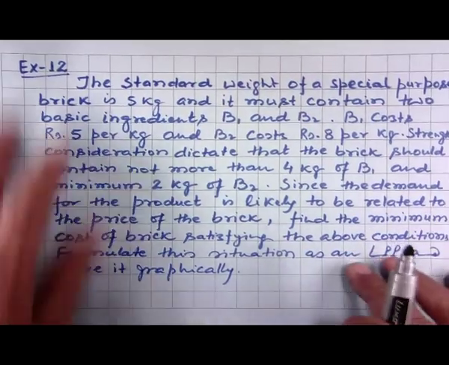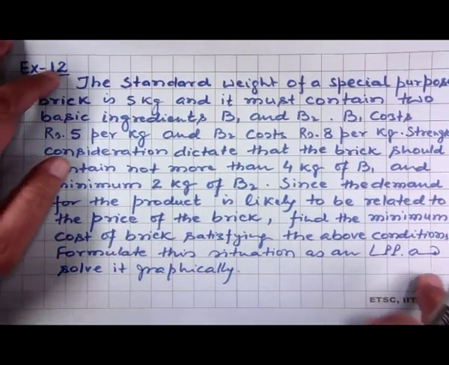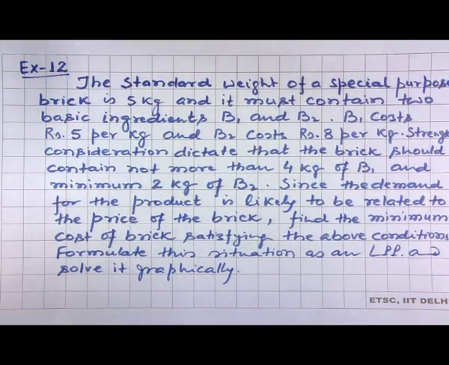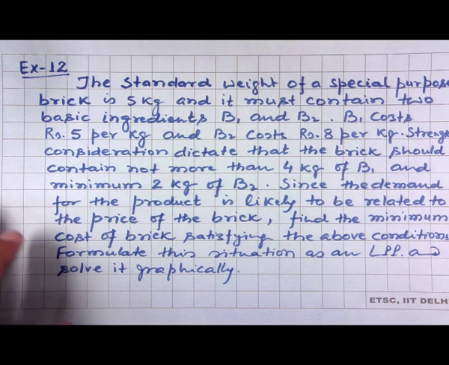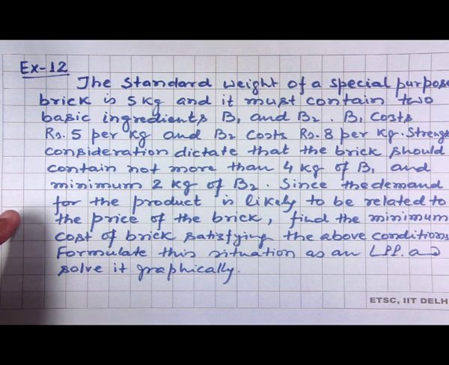Now let us take another problem. This problem is related to construction activities. The standard weight of a special purpose brick is 5 kg and it must contain two basic ingredients B1 and B2. B1 costs rupees 5 per kg and B2 costs rupees 8 per kg.